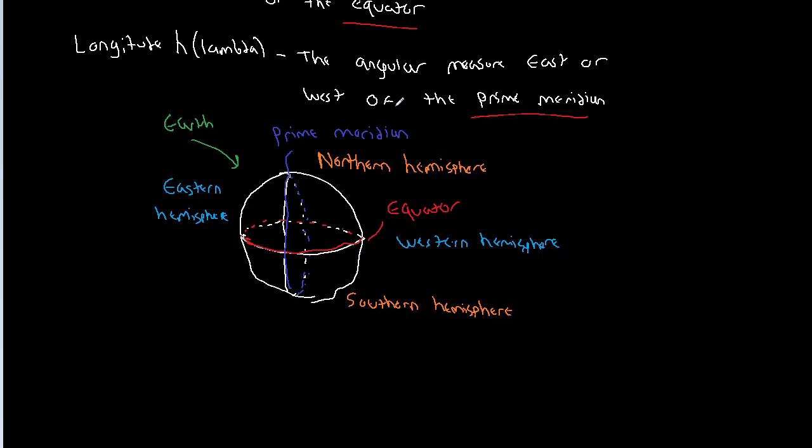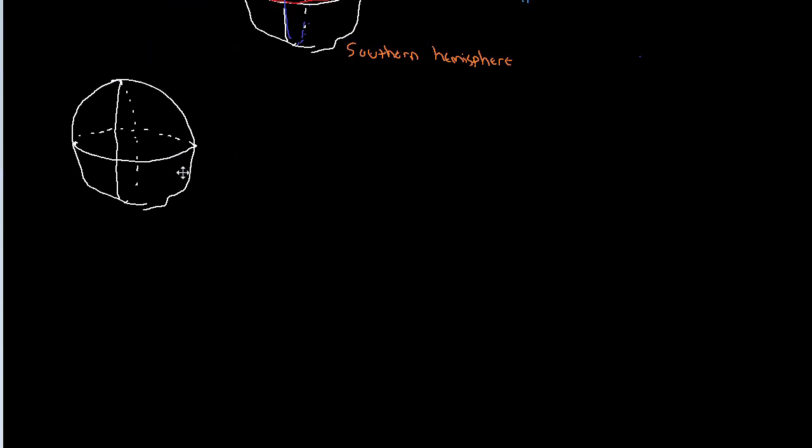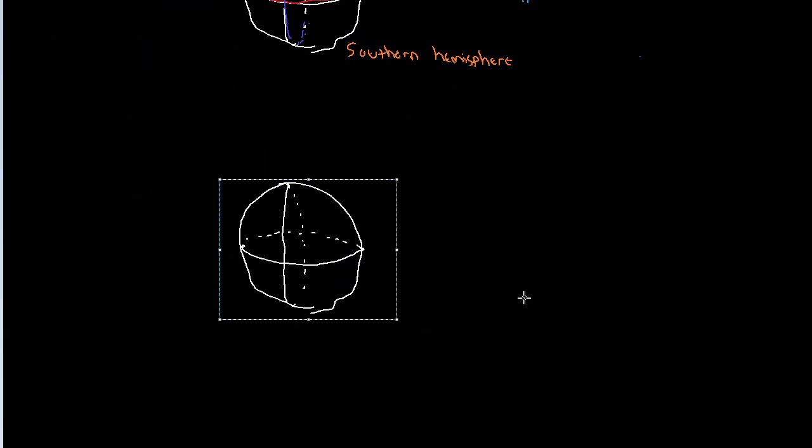Okay, so let's copy our globe again so we don't have as much stuff all over it. Let's move down just a little bit here and give ourselves a new copy. So let's talk about latitude, also known as phi.